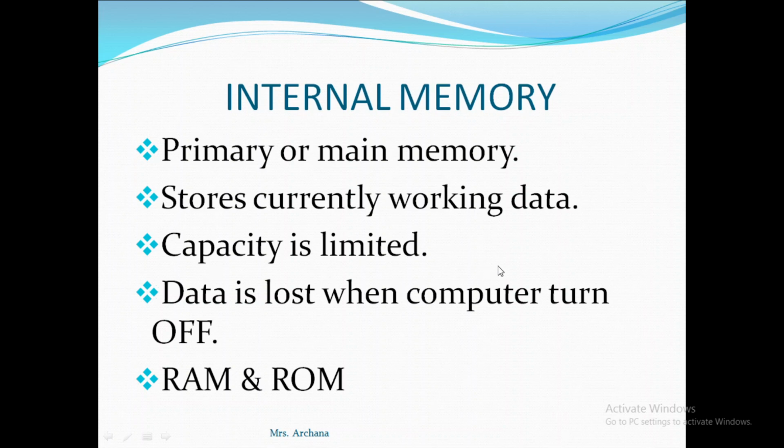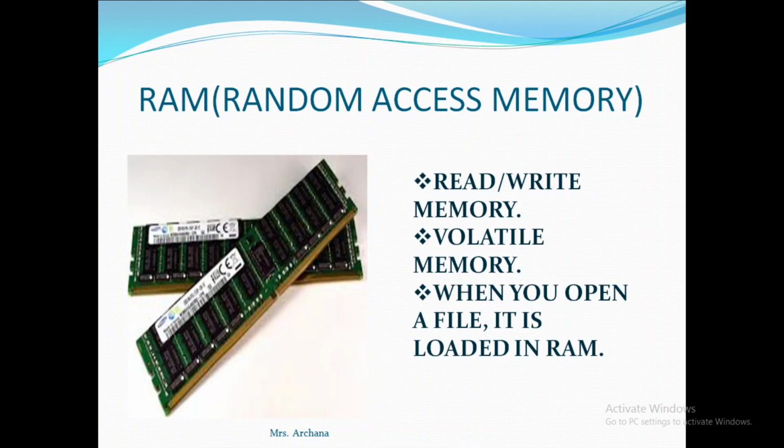Its capacity is limited, and whenever we switch off the computer, it will lose the data. That means whatever we store in the memory is not permanent. As soon as we switch off, the data is lost. It is of two types, that is RAM and ROM.